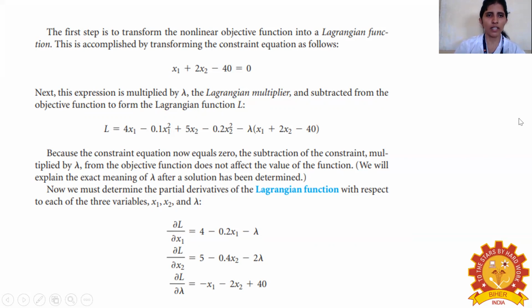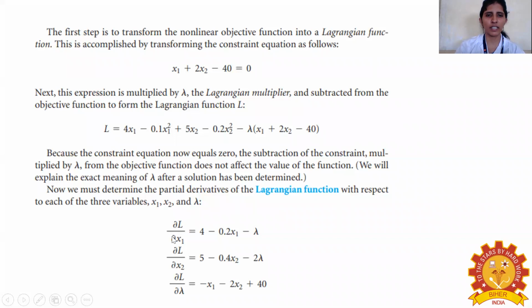Because this constraint equation now equals 0, the subtraction of the constraint multiplied by lambda from the objective function does not affect the value of the function. Now we take the partial derivatives of the Lagrangian function with respect to each of the three variables, x1, x2 and lambda.